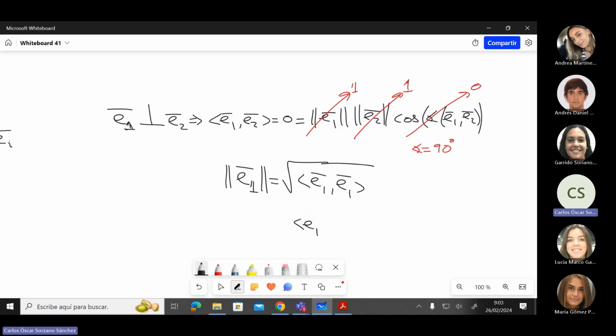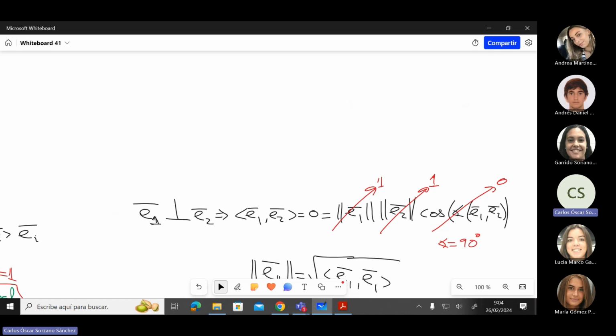If you use some other letters, if you have a couple of vectors u and v, this is u transpose v. Okay. So now we have everything consistent for R3. We have defined an inner product. Then, based on the inner product, we have defined how to measure lengths. And then we understand that if the inner product of two vectors is 0, it is because the angle between the two is 90 degrees. And the same concepts apply here.